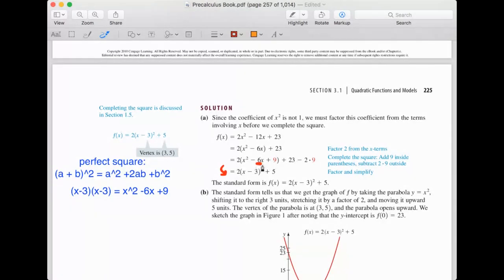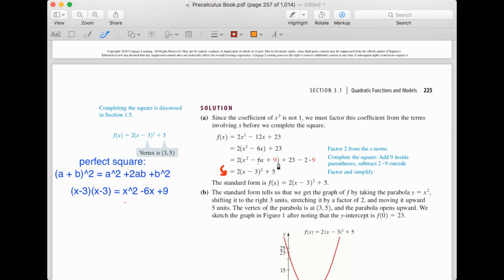Because of this negative 6, x minus 3 squared is x squared minus 6x, which gives us those two terms, plus 9. Does that make sense? Okay, so this process is called completing the square.